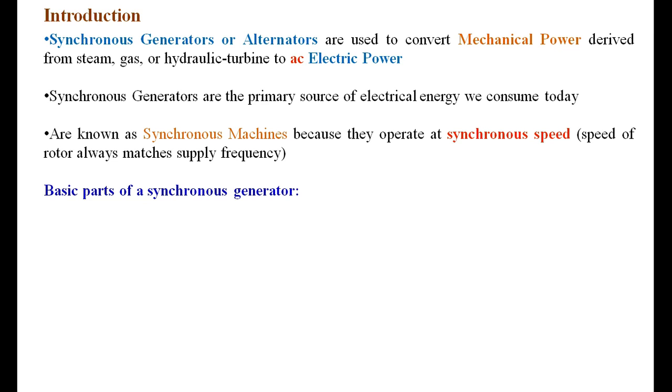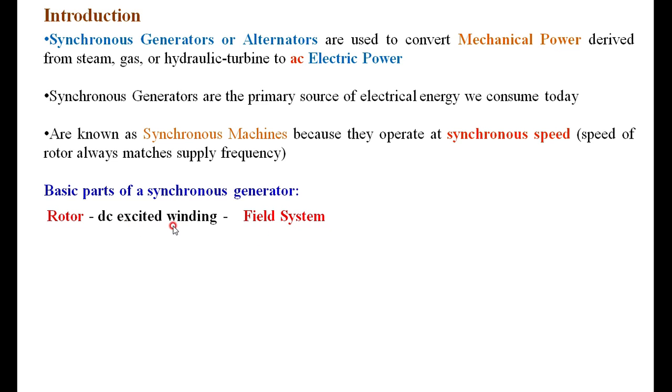The source of energy we get in mechanical form should be coupled to the rotor. If the rotor starts rotating, the magnetic field cuts the armature conductors, thereby inducing voltage in the armature conductors. Therefore, the rotor is the field system.